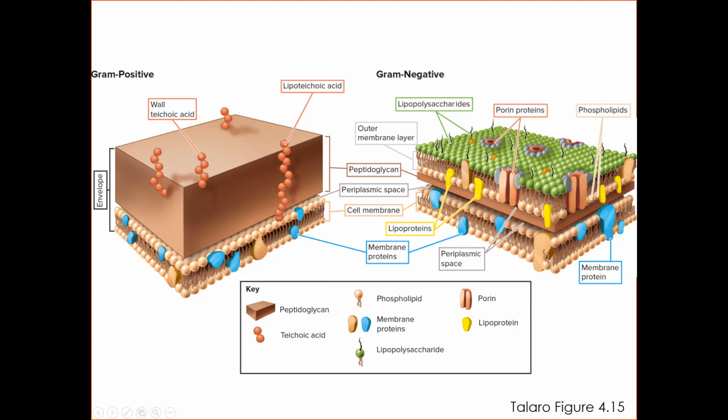So while gram-positive cells have a thick layer of peptidoglycan, gram-negative cells have a thin layer of peptidoglycan, so they need something else to prevent them from lysing. So outside that peptidoglycan layer, they have another layer. It's called an outer membrane. If it's a membrane, it's composed of phospholipids, and that is a phospholipid bilayer creating an outer membrane.